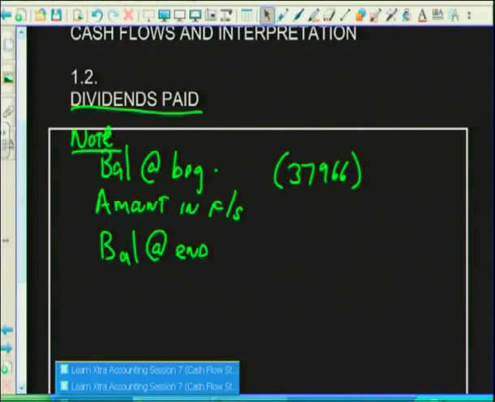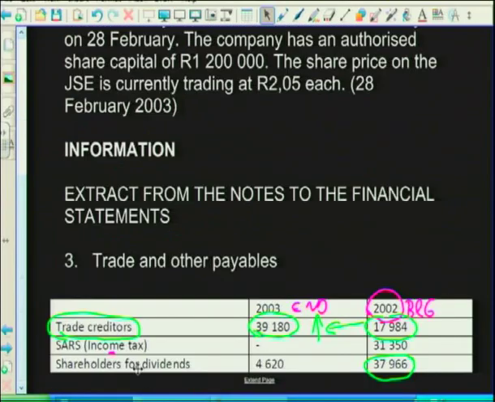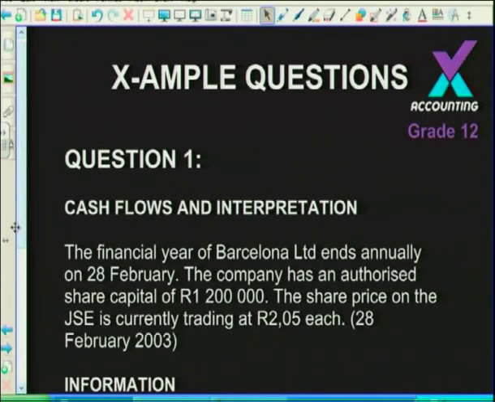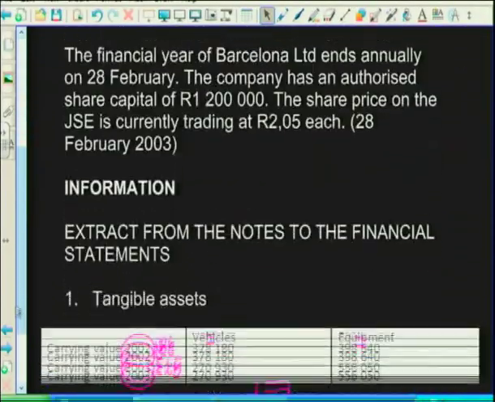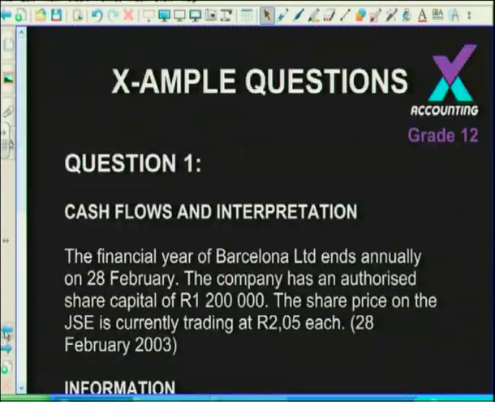Now, if we go back to our information or back to the question, you would find that we did not come across any information about your ordinary share dividends. So in this entire question, if we quickly scan through the question, okay, let's just go to that income statement very quickly.